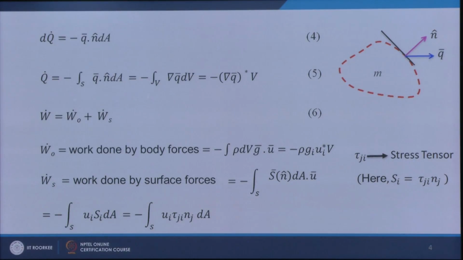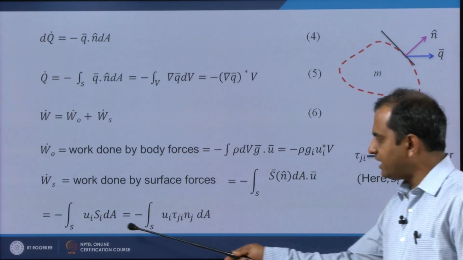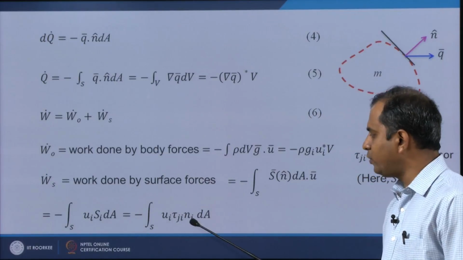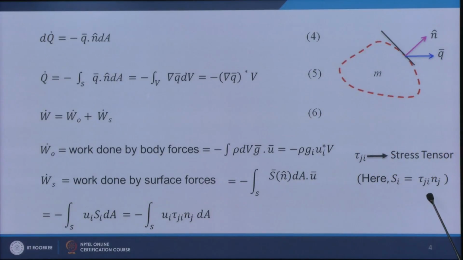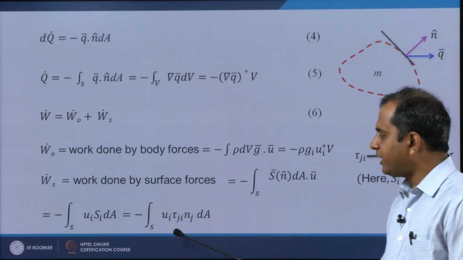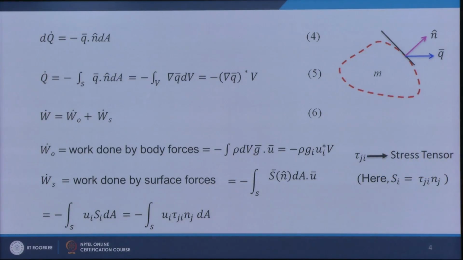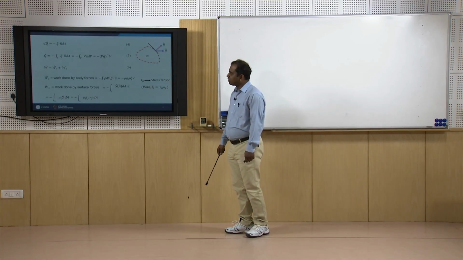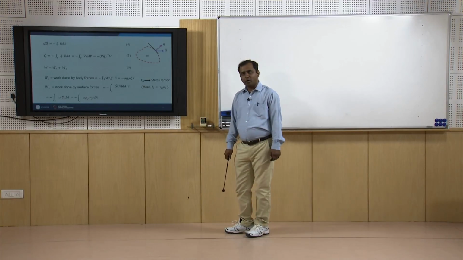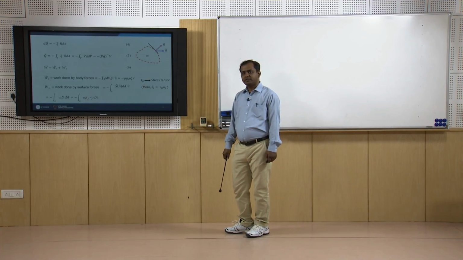As I have shown, Si can be related to the stress tensor tau Ji, so I am writing Si equals tau Ji into Nj following this relationship. So, W dot S can be written as the surface integral of Ui tau Ji Nj into dA. So, we have got some idea about the work done by body forces as well as the work done by surface forces.